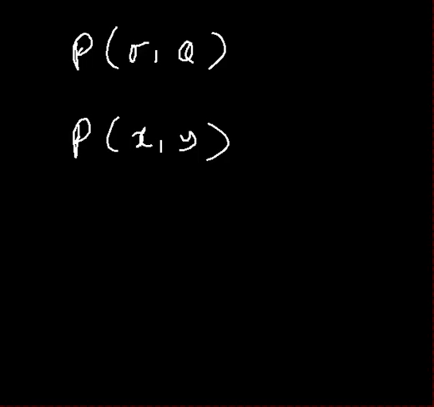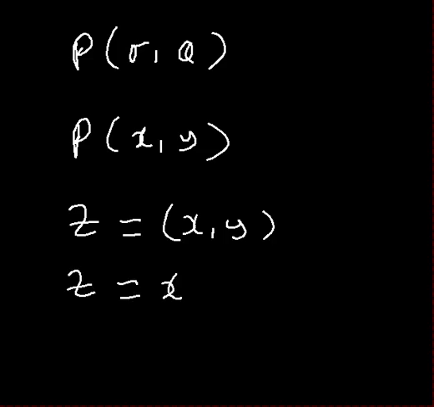But now, this is what you get as the rectangular coordinate system. Assuming that x, y is now being expressed as some number, z, which is equal to x plus y.